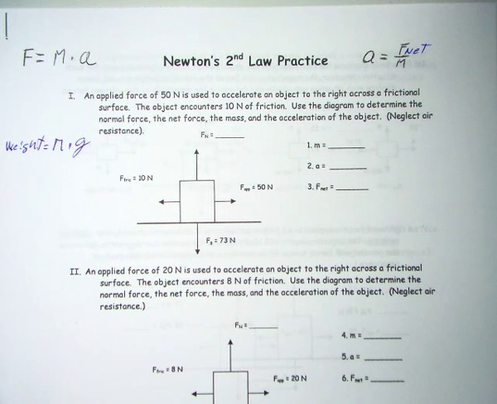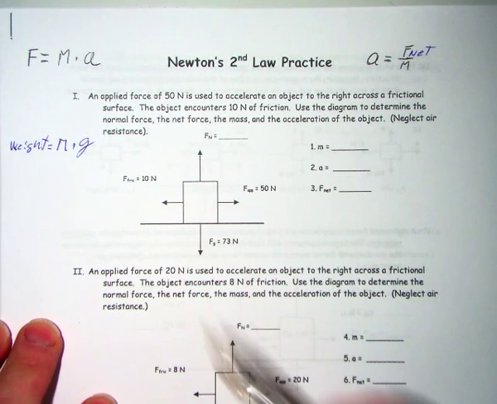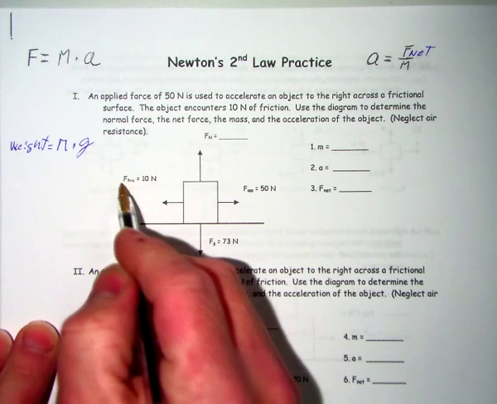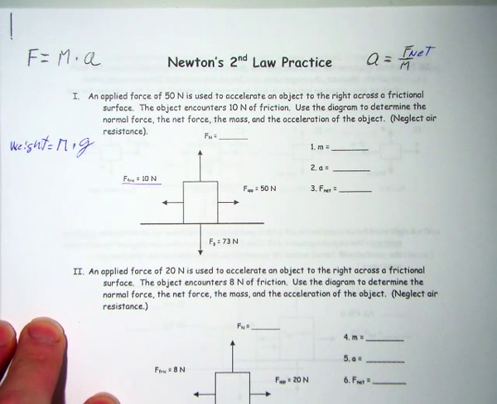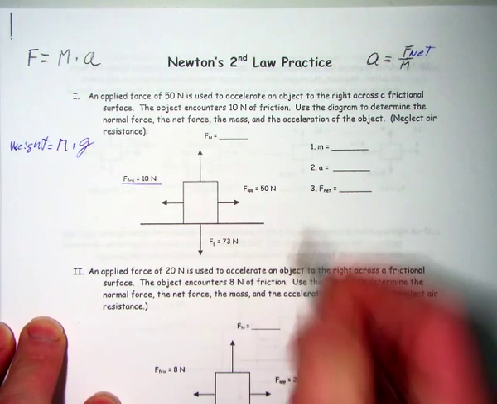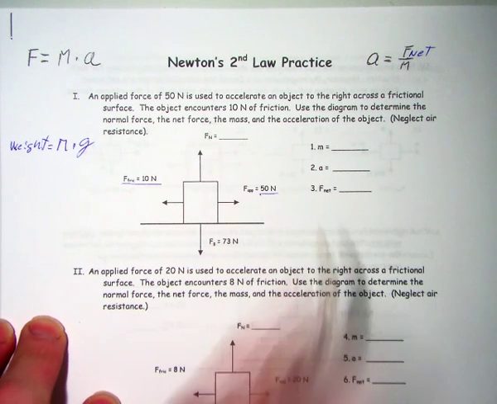So when we look at this, it said it was moving to the right. And we know friction always opposes motion. So the friction is going to be to the left because the box is moving to the right, because that's what the problem said. So we have the force of friction, it's 10 newtons. We also have the applied force, that's 50 newtons.